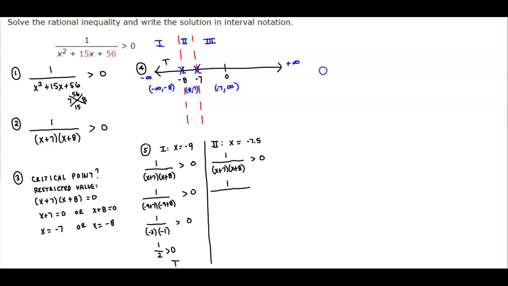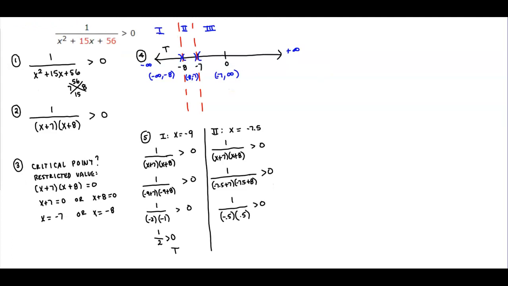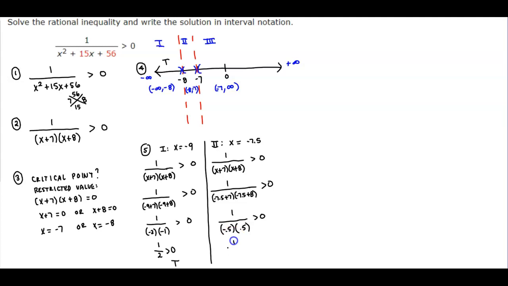So we have 1 over -7.5 plus 7 and -7.5 plus 8. -7.5 plus 7 is -0.5, and -7.5 plus 8 is +0.5. So in the denominator, we're going to have -0.25. This is going to be a negative result, and therefore it's not greater than 0, so it's false for region number 2.